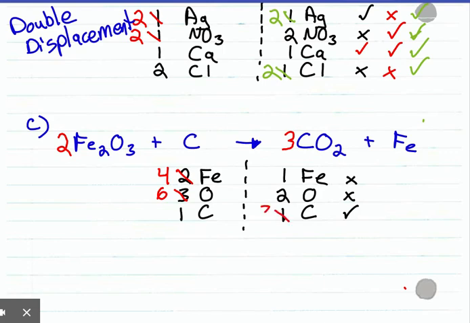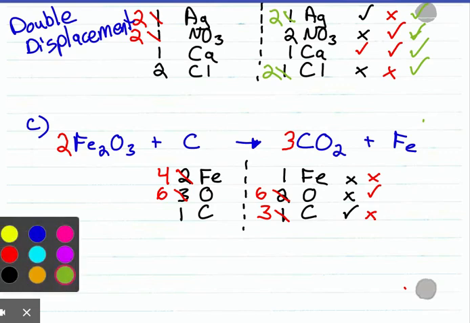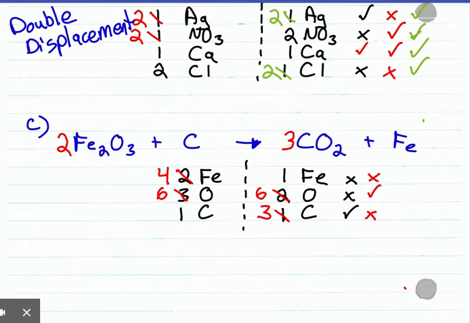So that gives me 3 carbons and 6 oxygens. So we finish off this step. Iron is not happy. Oxygen is happy. Carbon is not happy. But carbon and iron are both easy fixes here.